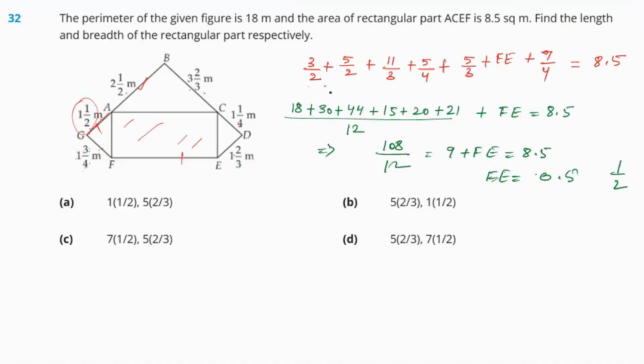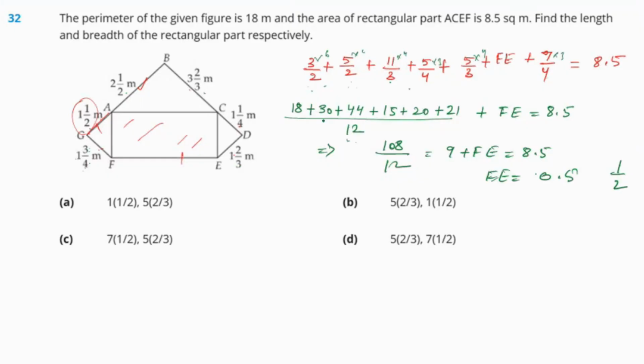Now the LCM of 2, 3, and 4 we get as 12. In the table of 2, 12 comes 6 times. 6 3s are 18. In the table of 12 comes 6 times. 5 6s are 30. 3 4s are 12. 4 3s are 21.